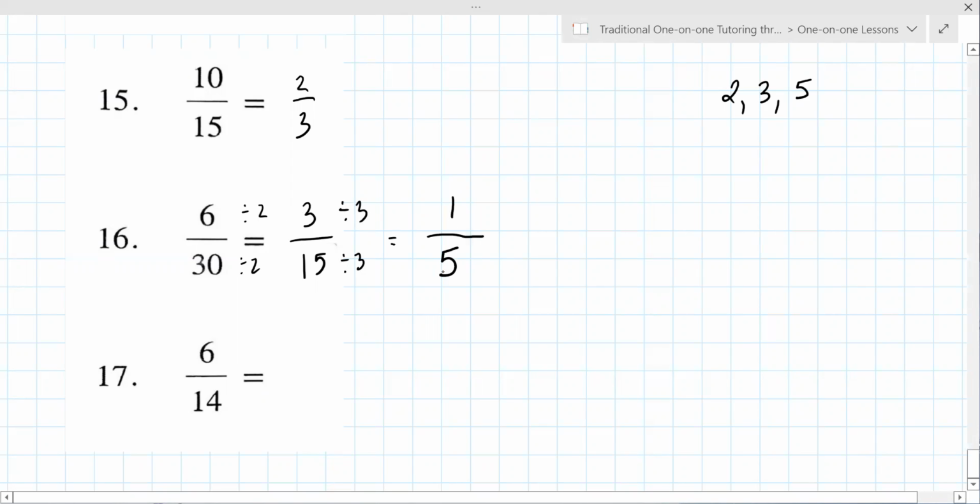Okay. And then that is 1 over 5. And then for 17, 2 can go into that, and that is 3 over 7, and 7 is prime, so that won't work. So that's what I got.